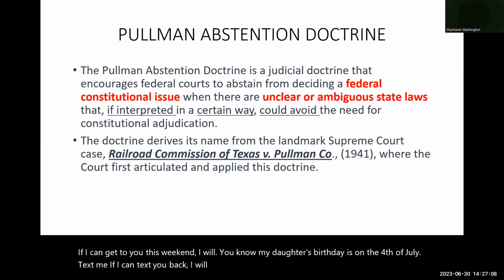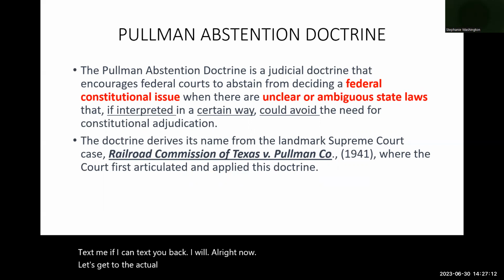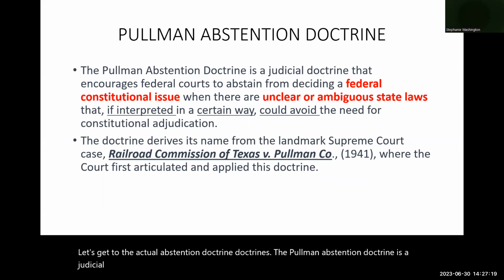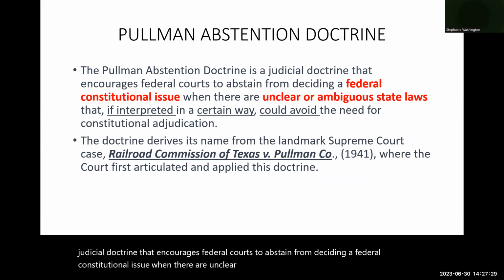All right. Now, let's get to the actual abstention doctrines. The Pullman Abstention Doctrine is a judicial doctrine that encourages federal courts to abstain from deciding a federal constitutional issue when there are unclear or ambiguous state laws involved.